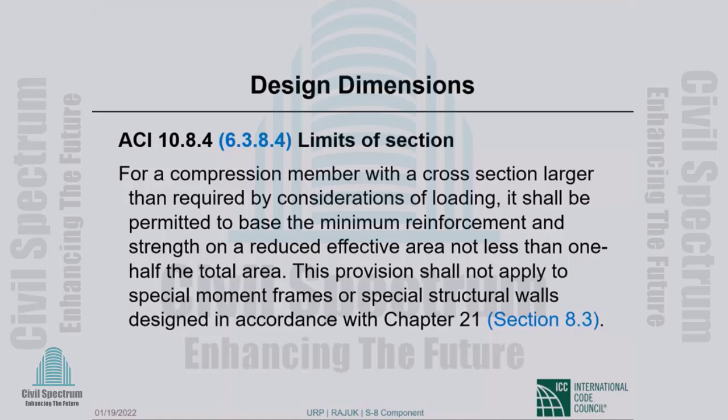As you go up, two things change. At the very base, where the loads are the highest, you use a very high compressive strength of the concrete. You may go with 11, 12 KSI. And a very high reinforcement percentage, something like 3 or even 4%.